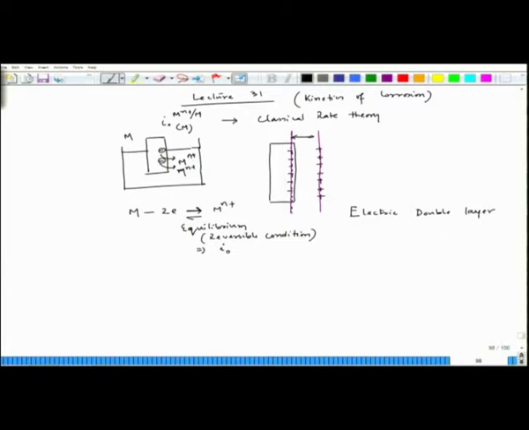Electric double layer. This was the very first concept of the electric double layer, and it is termed the Helmholtz double layer.